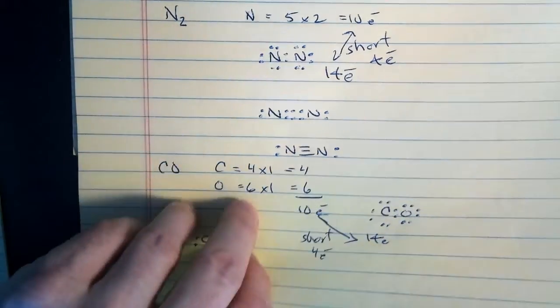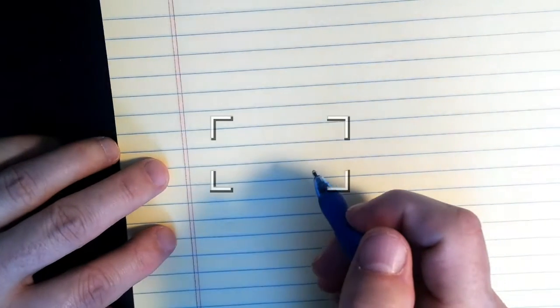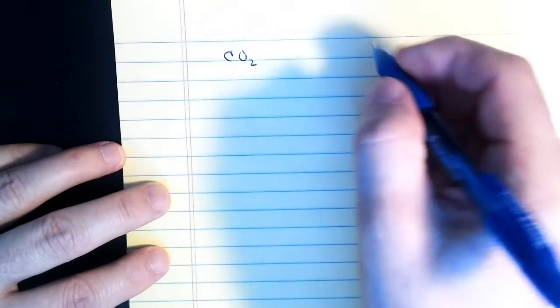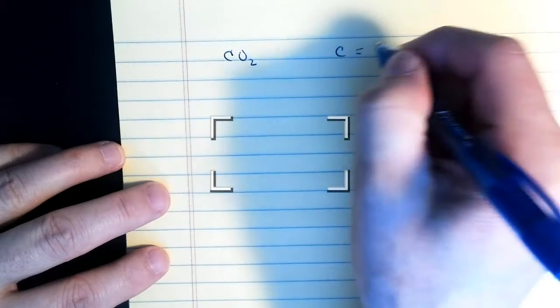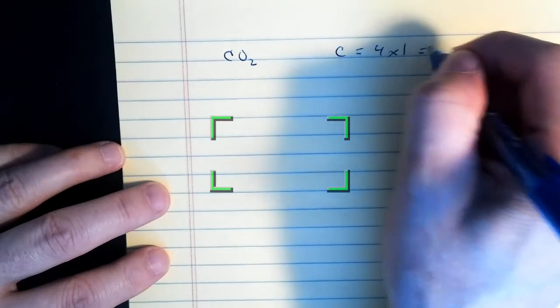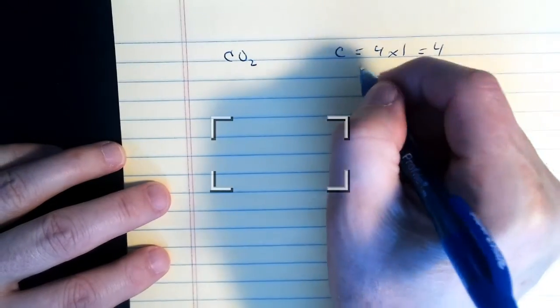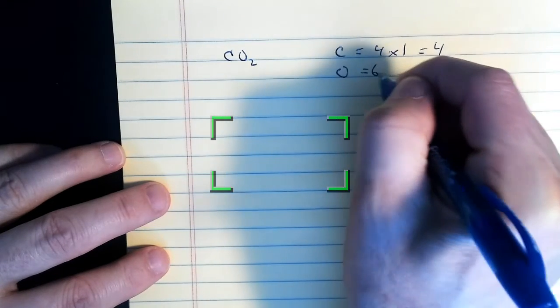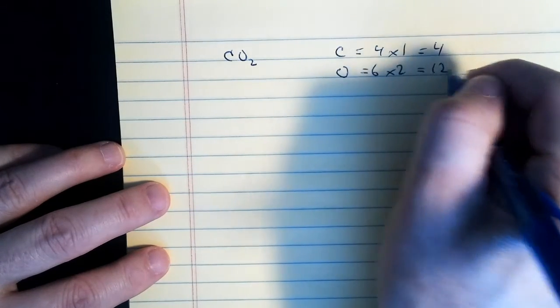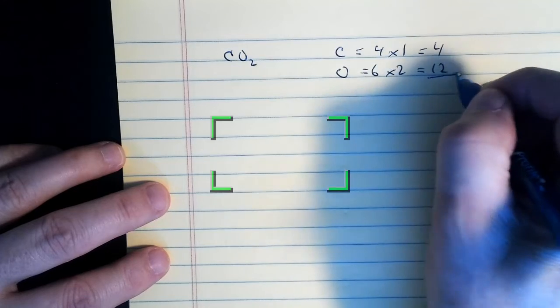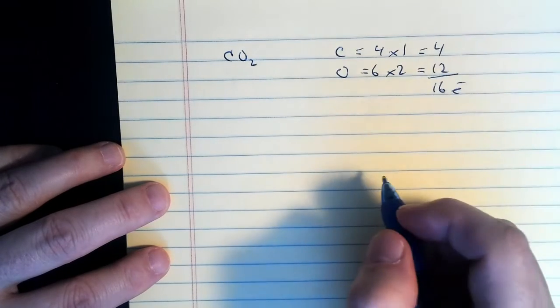Well, let's do carbon dioxide, CO2. Carbon is equal to 4 times 1 is equal to 4. And the big O is equal to 6 times 2 is equal to 12. That's 16 electrons.